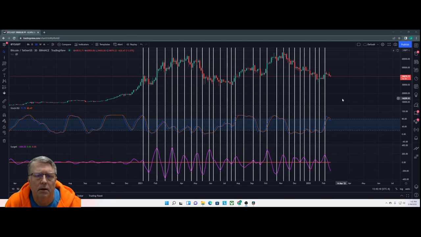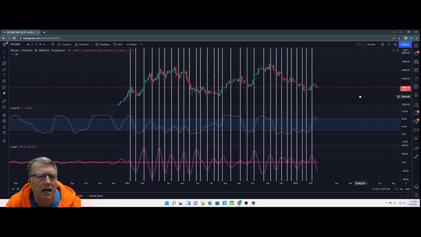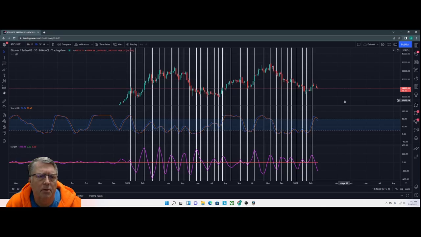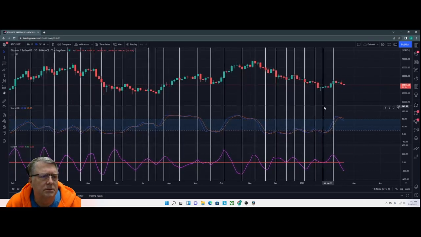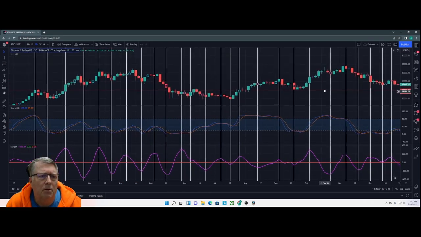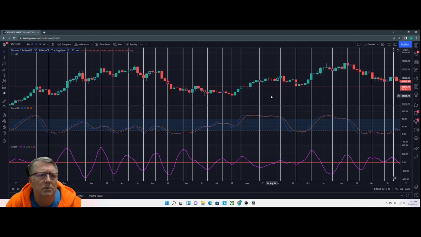So there's one thing here I want to point out about the surge oscillator giving these periodic signals where the market doesn't. And that is to show an example of what the surge is doing. So I'm going to blow this up a little bit so we can see it. Let's take this area for example. You can see that the surge oscillator has moved up between this interval as well as prices moved up.